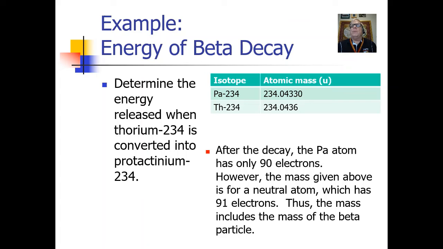So we don't have to worry about accounting for the extra mass that the beta particle took away, that is to say the electron, because that's accounted for in the fact that we're given the mass for the neutral protactinium, but the mass we actually have would be the protactinium minus one electron. So it's all taken care of there. Figure out the difference in masses here and convert that into the energy that is released in this beta decay.